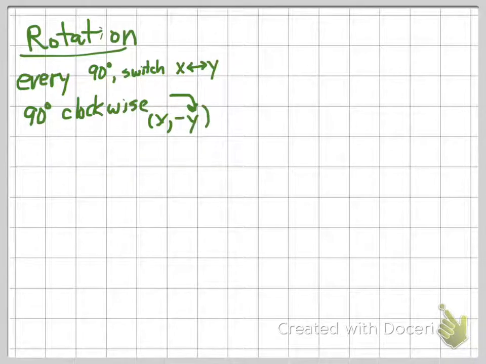Then, if the 90 degrees is clockwise, you change the sign of the second coordinate, and this is after you switch them. So you change the sign of the new y, and you do nothing to x.